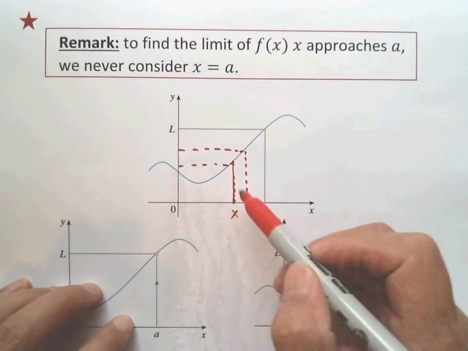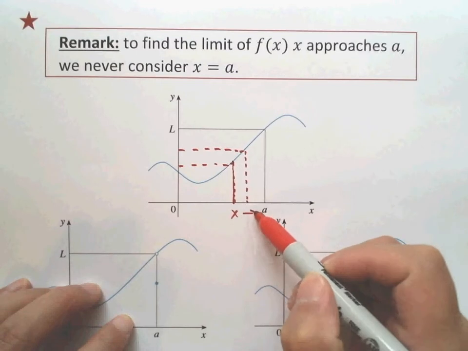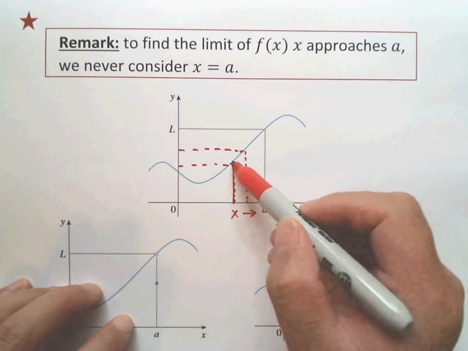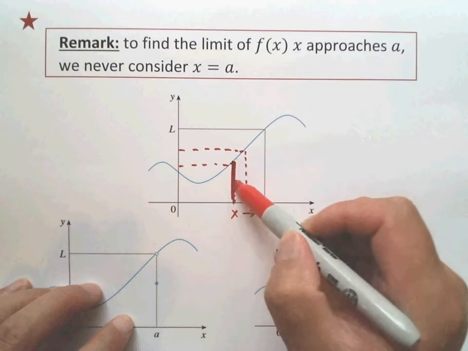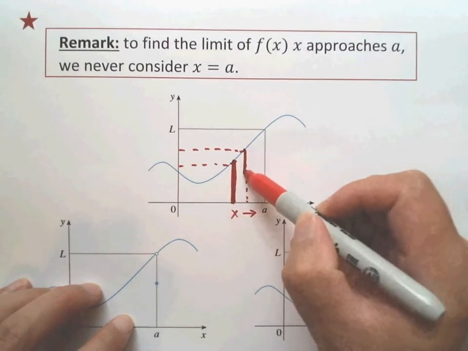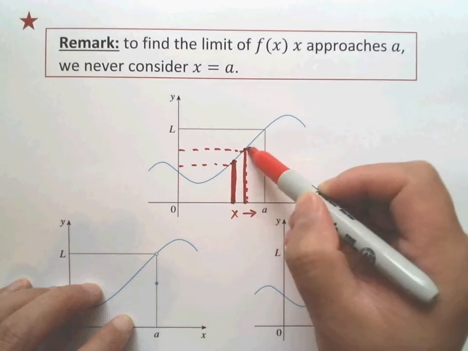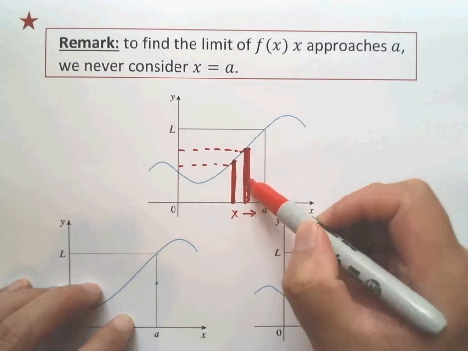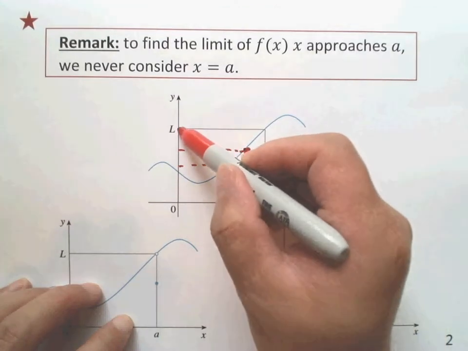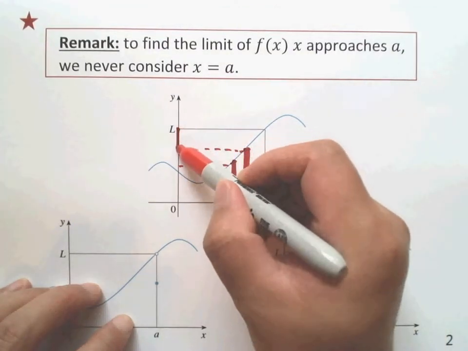When x approaches a from the left side, that's the limit. Can you see what this height is? This is the y value. When x gets close to a, this is still the y value. The y value will get closer to what? Closer to L.